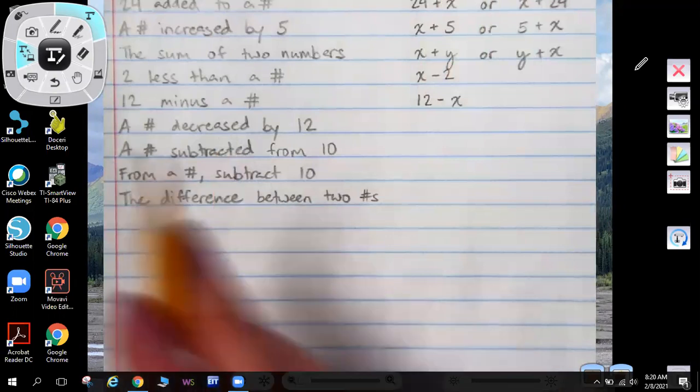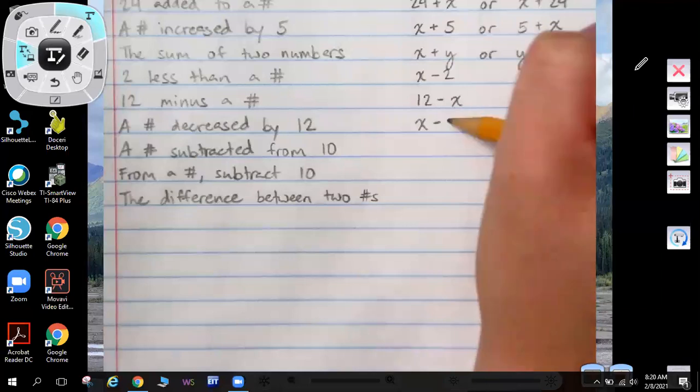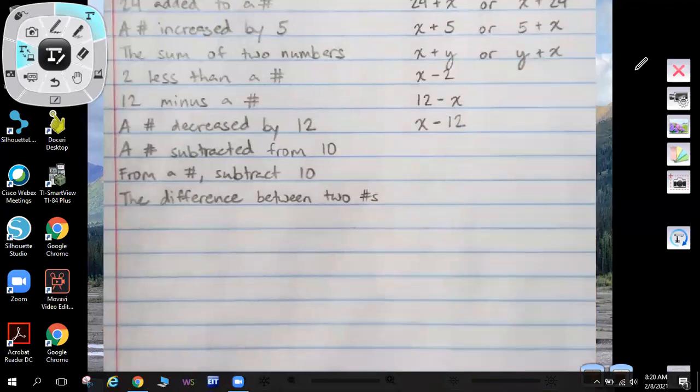So start with a number, x, and we're decreasing it by 12, so subtract 12. A number subtracted from 10.